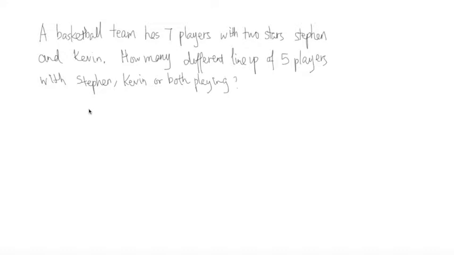All right. If you haven't learned Venn diagrams, you know that one possibility to do this problem is drawing a Venn diagram. So a circle is where Stephen plays. Another circle is where Kevin plays.